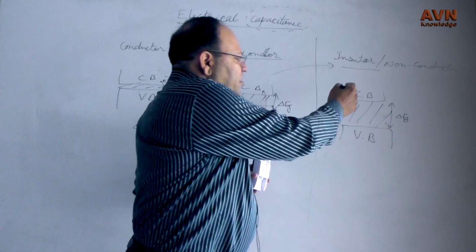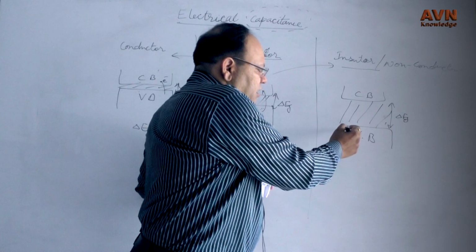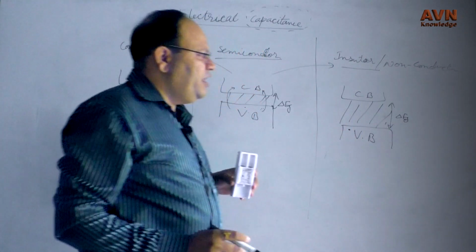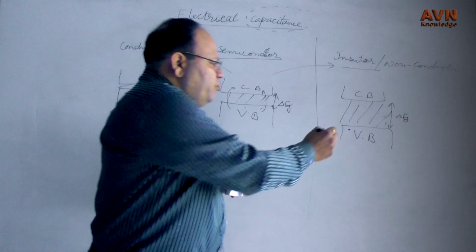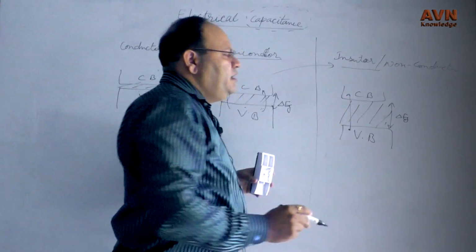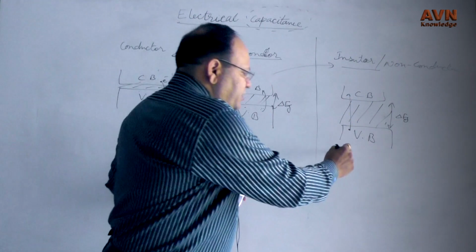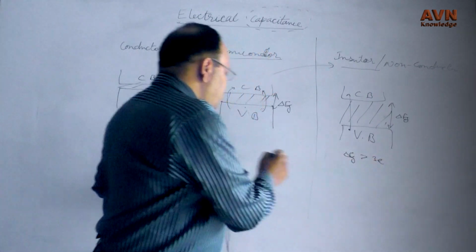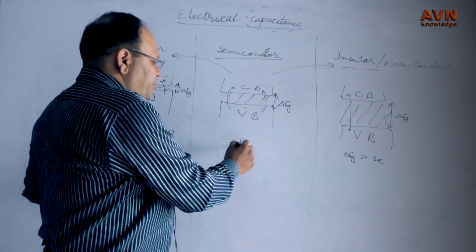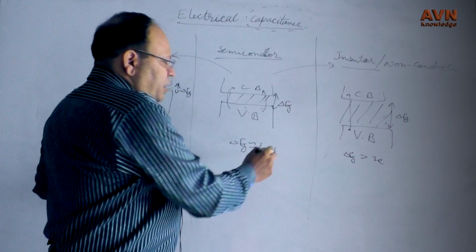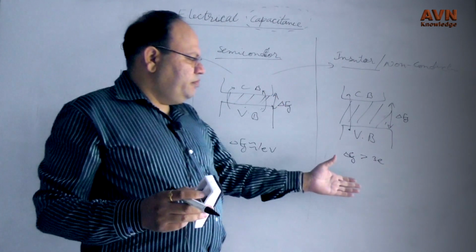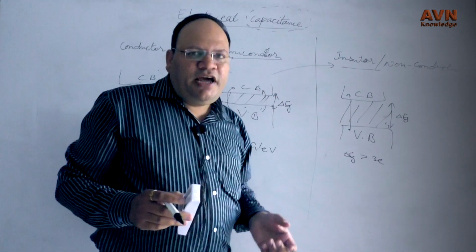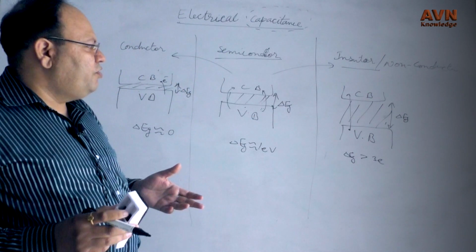And in an insulator, the electrons of the valency band do not move to the conduction band because the energy gap required is more than 3 electron volt, whereas in a semiconductor the energy gap is approximately 1 electron volt. The maximum energy gap is in diamond, which is 7 electron volt.